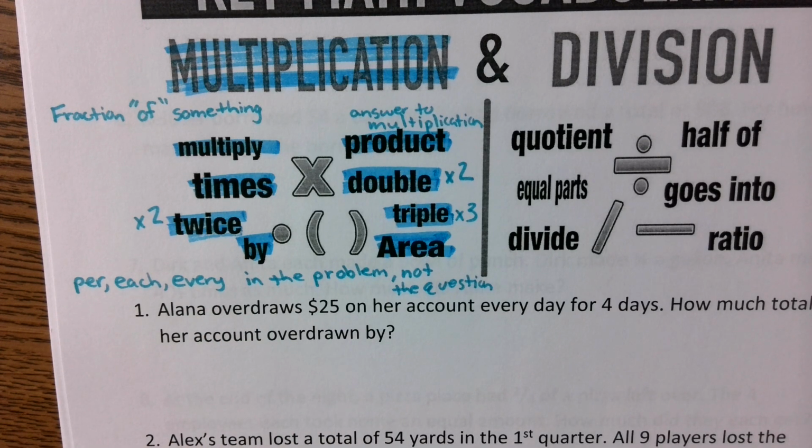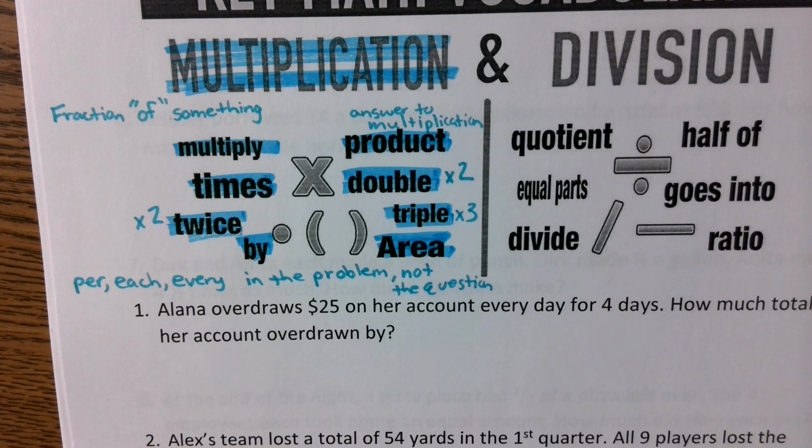If it's just inside the problem itself, if I say, oh, Ava gave 5 sticks of gum to every kid in the class, and there's 20 kids in the class, then how many sticks of gum did she give? Then we know that that's multiplication because we had the term every. She gave this to every kid in the class.